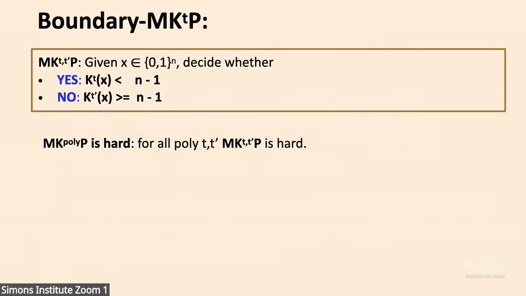Okay. In the original MKTP problem, the task is to distinguish whether Kolmogorov complexity is big or small. Let's fix some particular threshold, say n-1. So the question is: is it super big, truly random, more than n-1, or less than n-1? And one can consider a generalization, which in fact goes back to the 80s, where you have two different running times.